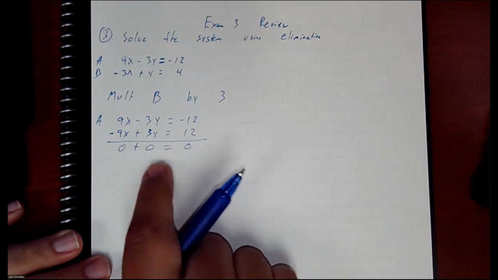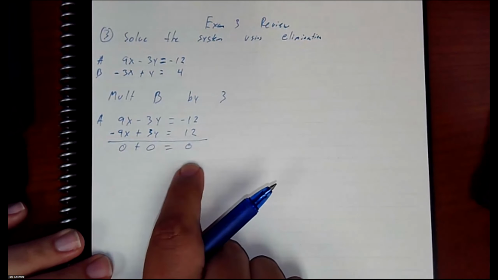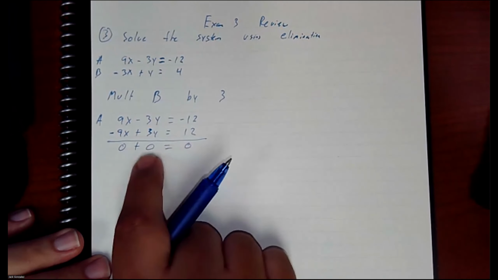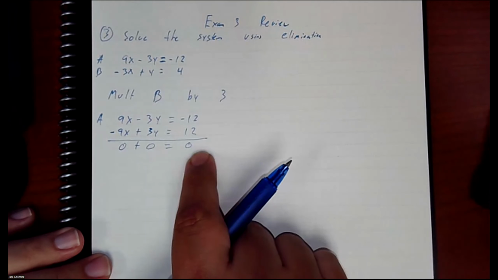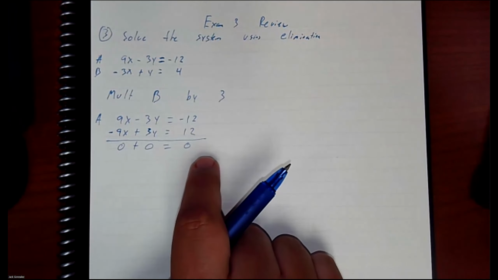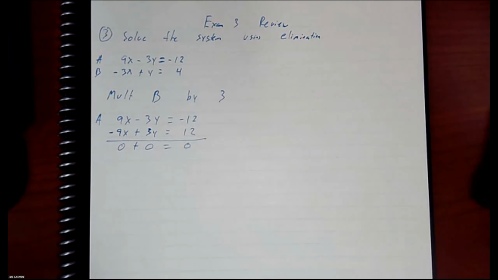Because this is a true statement, right? 0 is in fact 0. Okay, yeah. But if you get a false statement, that's when you have no solution. Like if you get 5 equals 2, no solution. But the system is dependent. So you have to write it in terms of the other, in terms of A is what the question says.